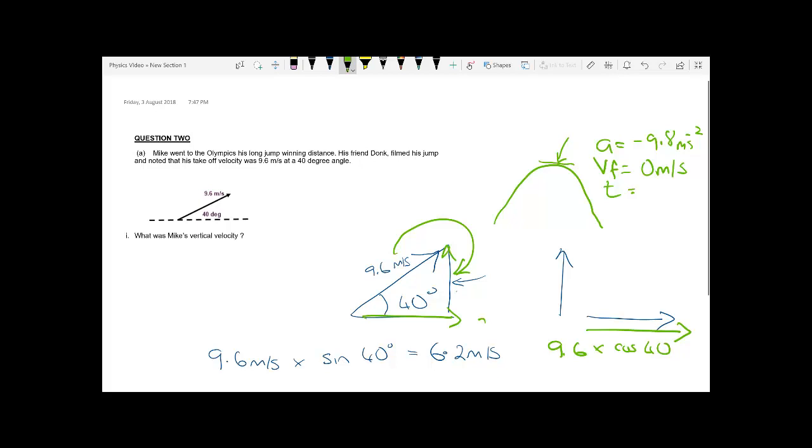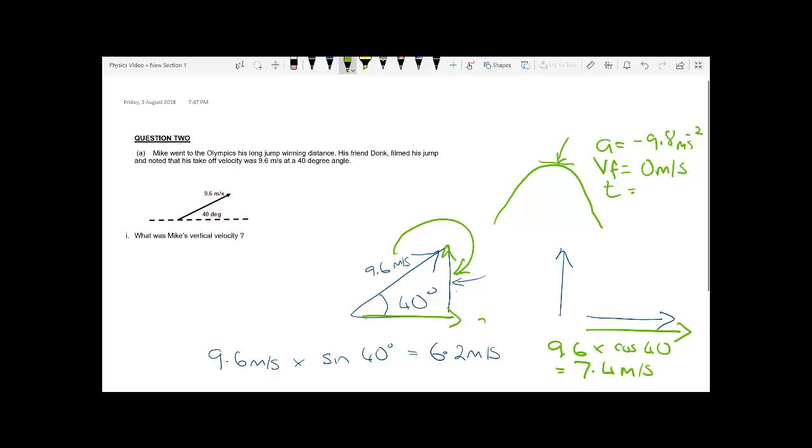Now this is an important one for finding the actual total distance, because at this stage, if we know what the velocity is, I'm just going to do that in my calculator now, so I'll do the cos of 40 and times it by 9.6, and that equals 7.35, which would say 7.4 meters per second.